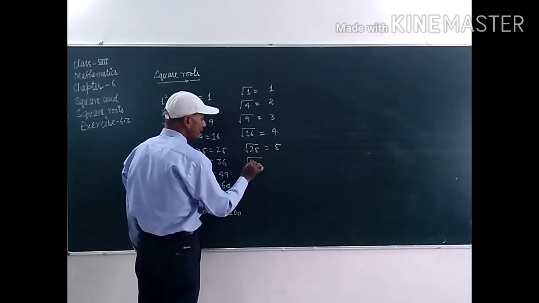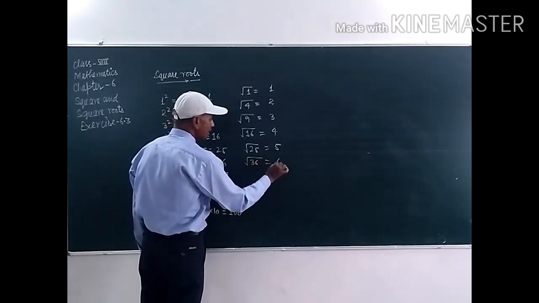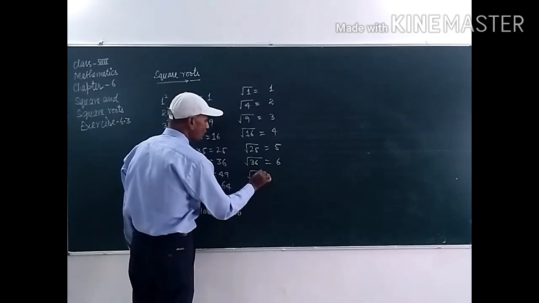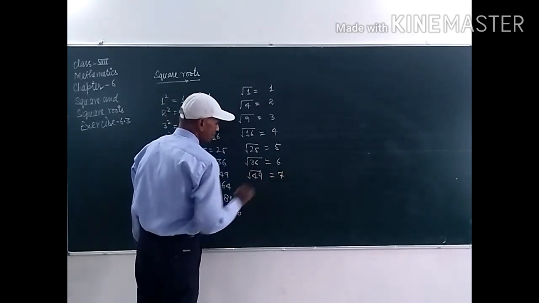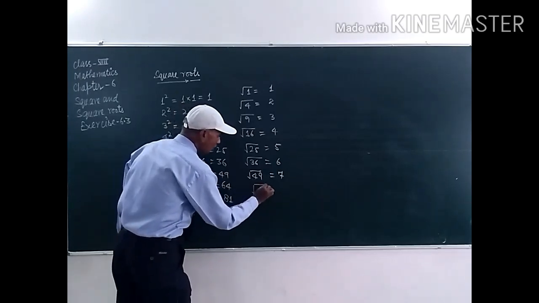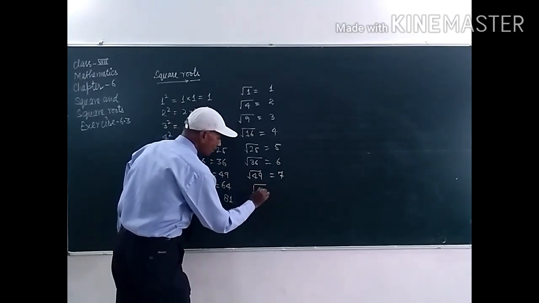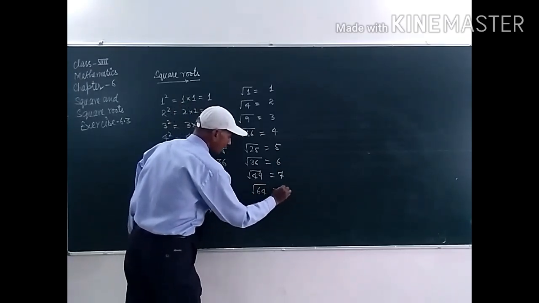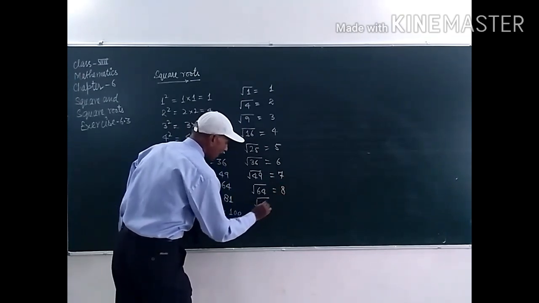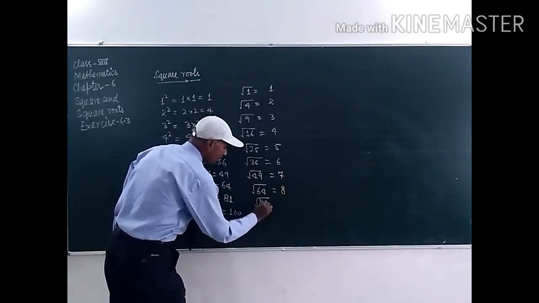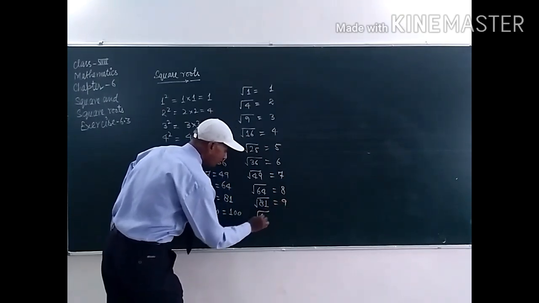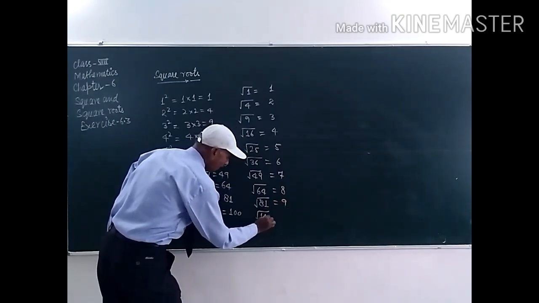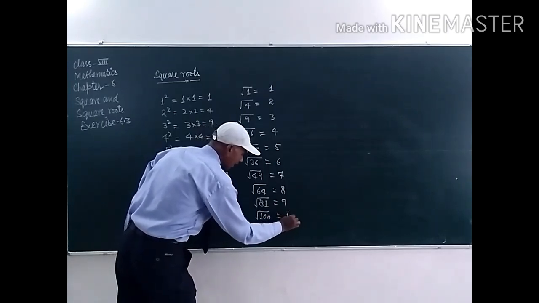The square root of 36 is 6. The square root of 49 is 7. The square root of 64 is 8. The square root of 81 is 9, and the square root of 100 is 10.